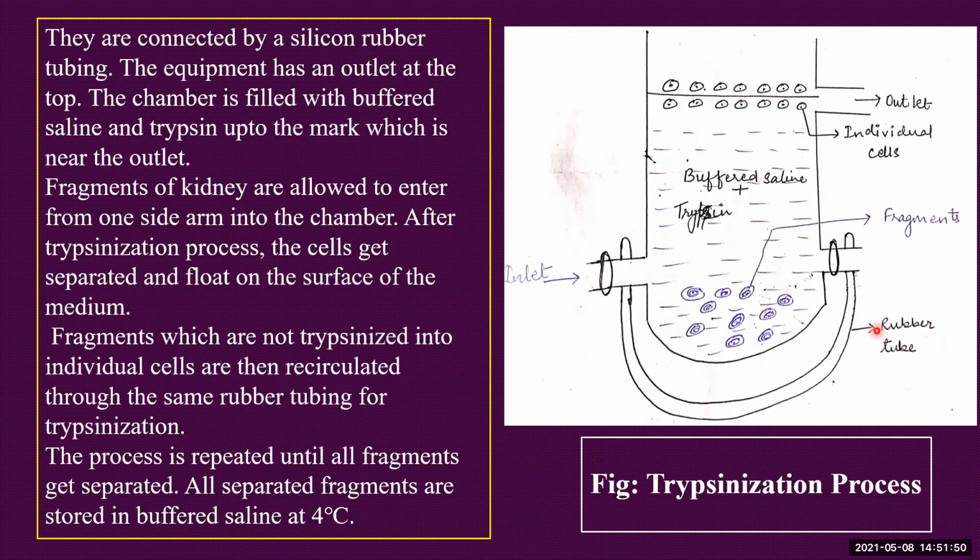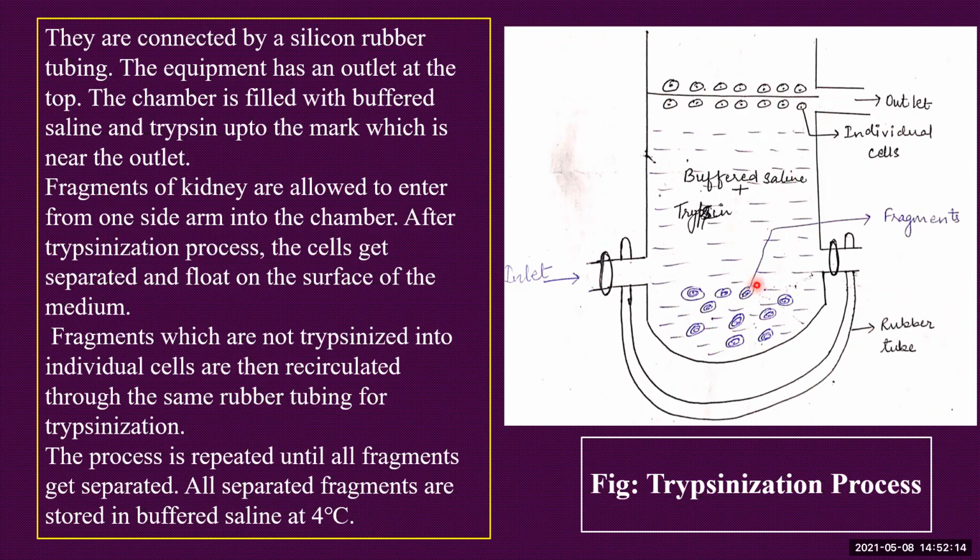The 2 arms of the small apparatus are connected by silicone rubber tubing. The equipment has an outlet at the top. The chamber is filled with buffered saline and trypsin up to the mark, which is near the outlet. Okay, fragments of kidney are allowed to enter from one side into the chamber. After trypsinization, the cells get separated and they float on the top of the medium.